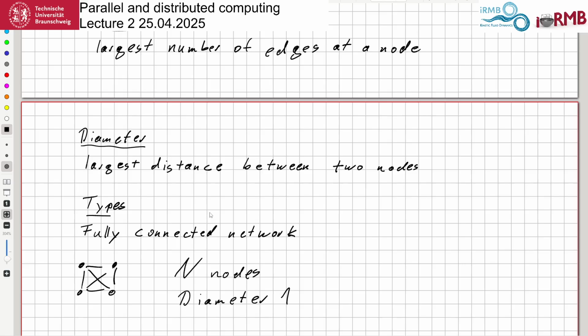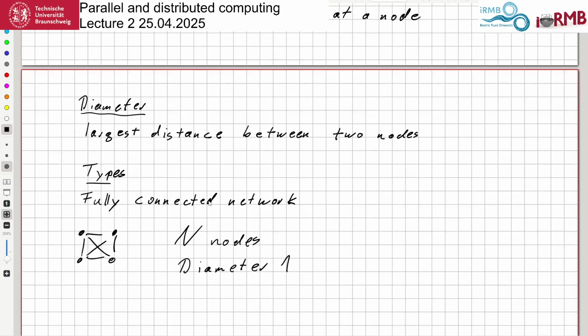So then what is the degree? Degree is n minus 1, yes. Because it's connected to all the others, but not to itself. So it's n minus 1.